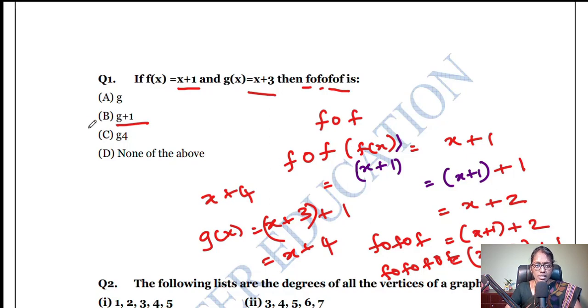So you can say that B is the answer. Both are x plus 4.